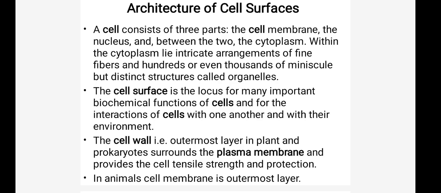The cell surface is the main locus for many important biological functions through which cells interact with the external environment. The cell wall is the outermost layer present in plant cells and prokaryotes, while in animal cells the plasma membrane is the outermost layer, because there is an absence of cell wall.